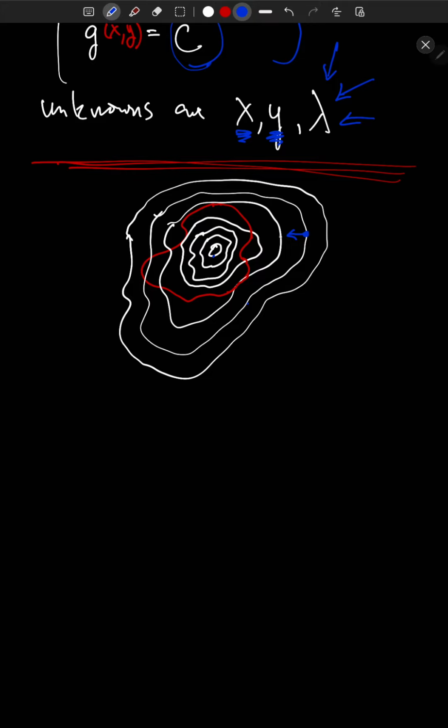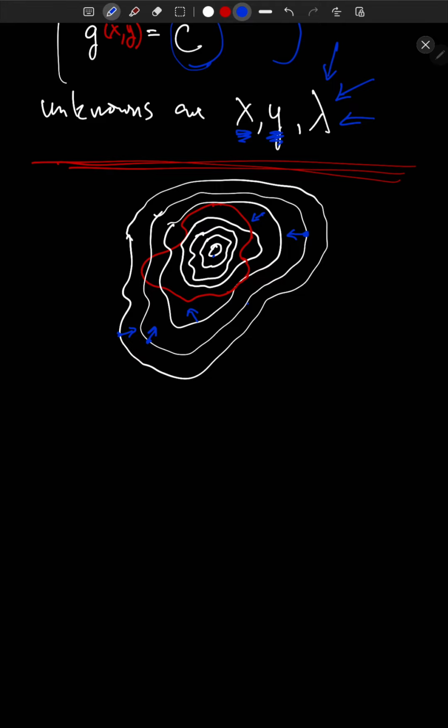So it's going to be perhaps like that. Here the gradient is going to look like that, here the gradient is going to look like that, always perpendicular to the curve. So these are my gradient f's at various different points.